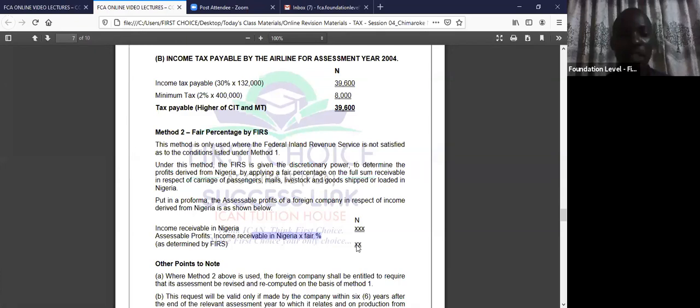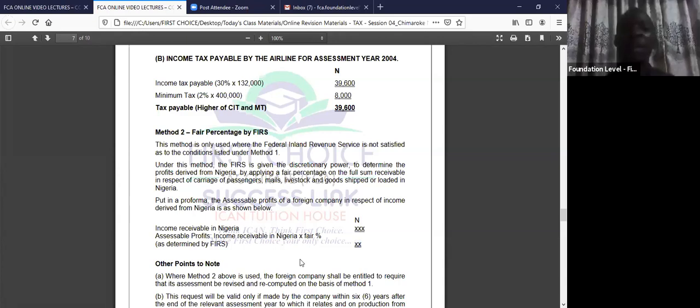You would deduct any capital allowance that is agreed. Then when you deduct any capital allowance, you now charge your tax. Your tax charged will be 30% of total profit compared with 2% minimum tax.